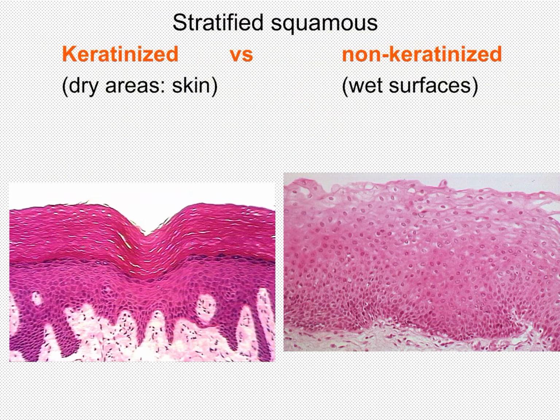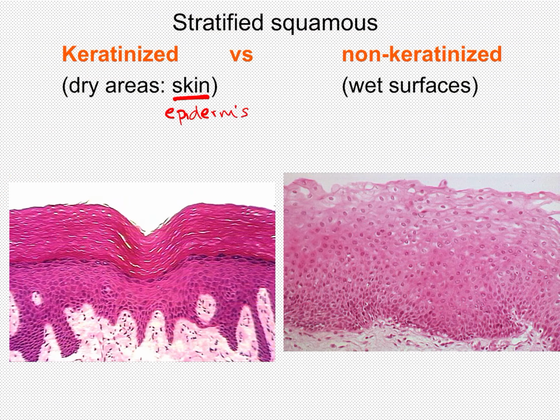I want you to see the difference between keratinized and non-keratinized stratified squamous. So if you look under letter number 4, there's letter A and B. Keratinized stratified squamous is only your skin. It is the epidermis of your skin.